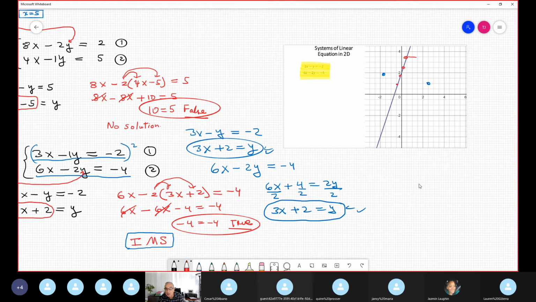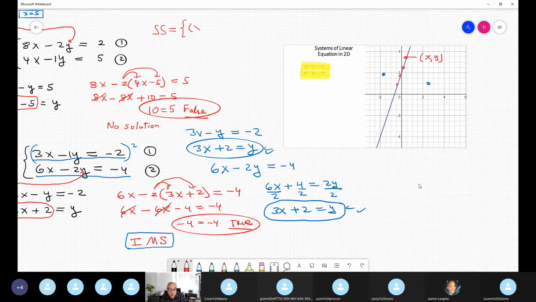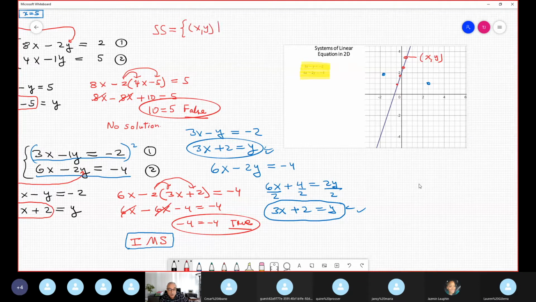Entonces, how do you indicate this? Well, the solution set is all the ordered pairs (x, y) such that it's on the line. You take either equation, by the way, it's the same.